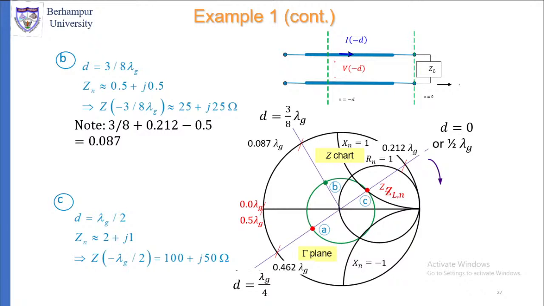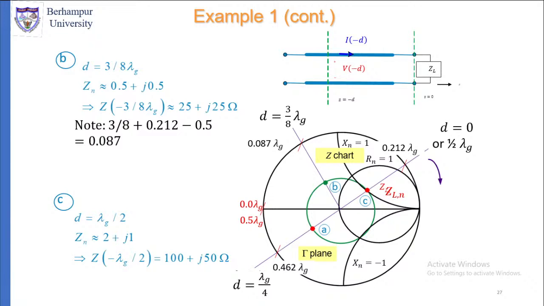The problem is it can be more than 0.5 lambda g. So whatever distance you have covered from the short circuit point in moving to ZLN, that distance plus the value of ZLN must be accounted for.